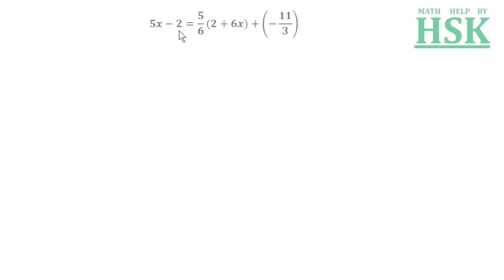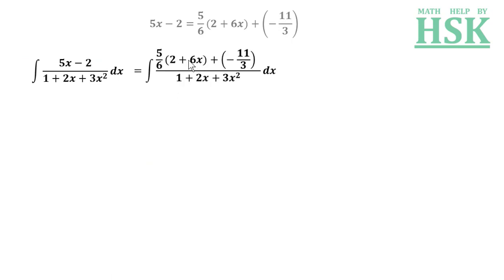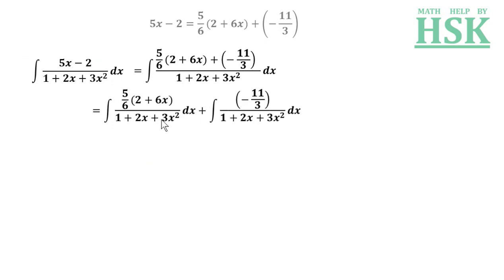So taking this value of 5x minus 2, we are going to substitute it in the integral to obtain the expression like this, and dividing separately over the denominator, I am going to get these two integrals which I can mark as I1 and I2. Okay, so the idea here, by assuming the integral as I1 and I2, is that we are going to solve them separately, right?